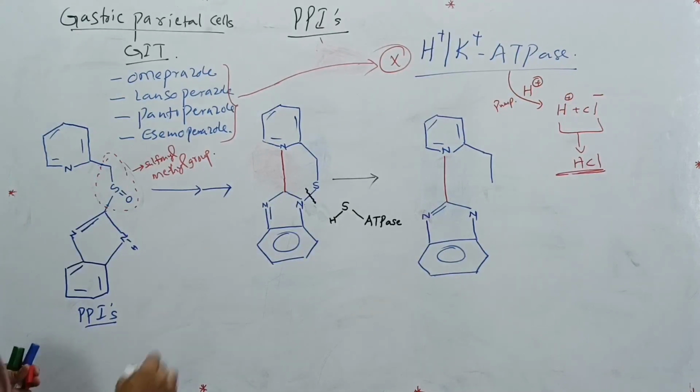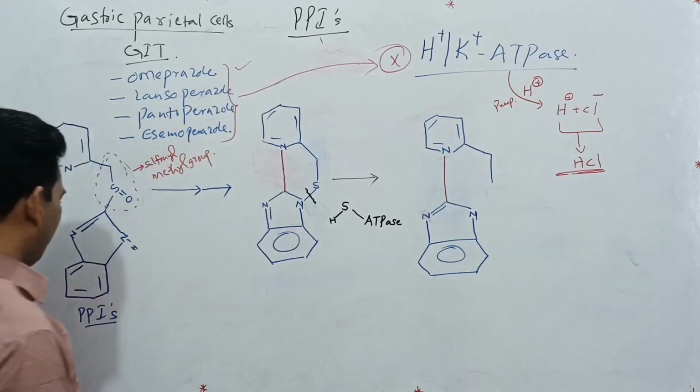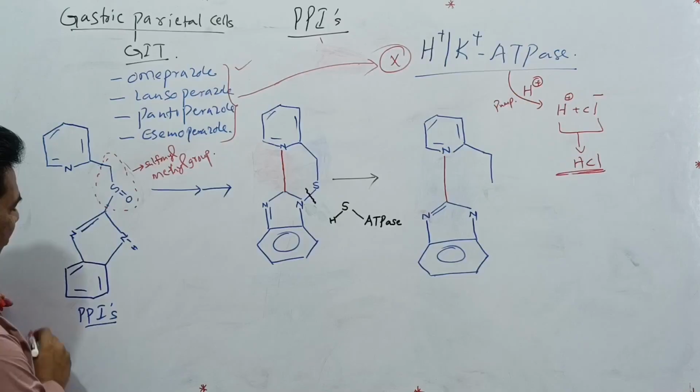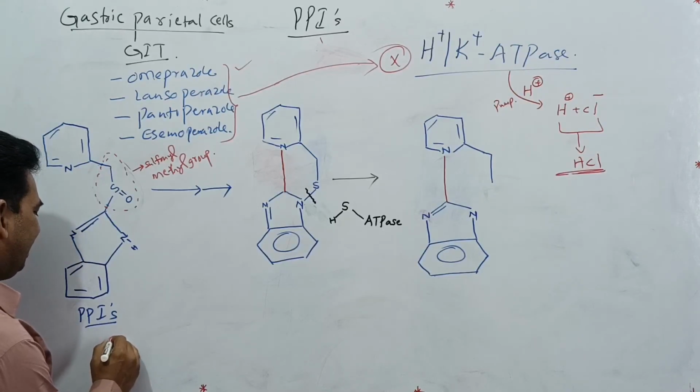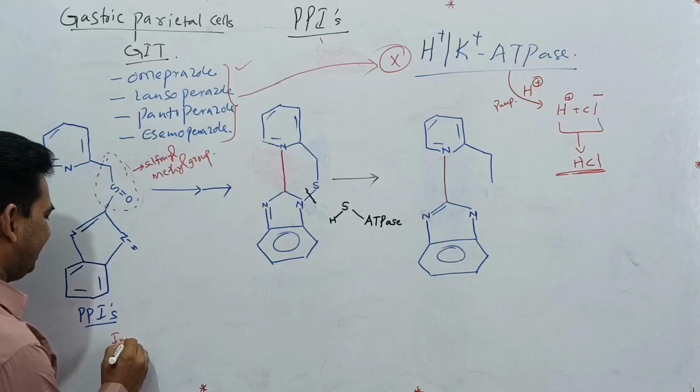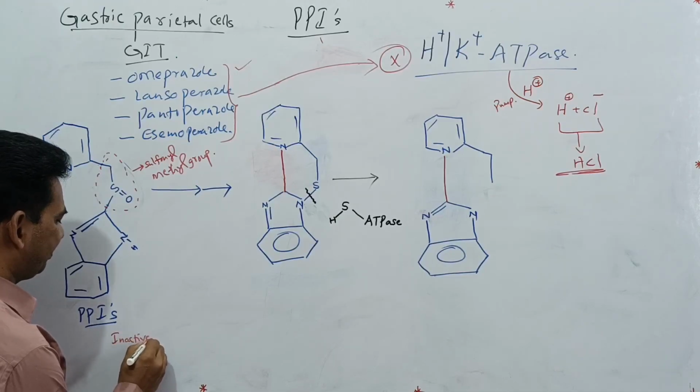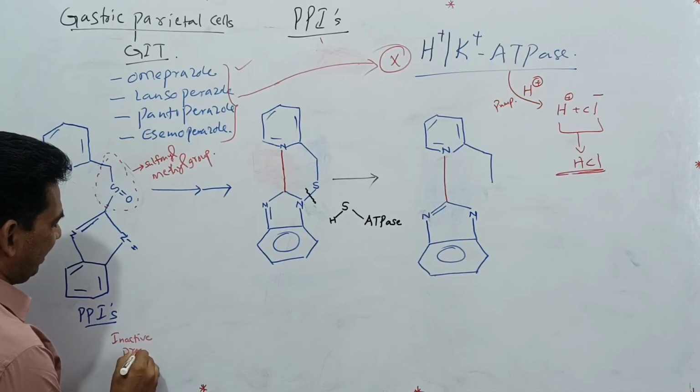For example, take omeprazole, the proton pump inhibitor. It is in an inert form, meaning initially it is inactive. It is in the form of a prodrug, you can say.